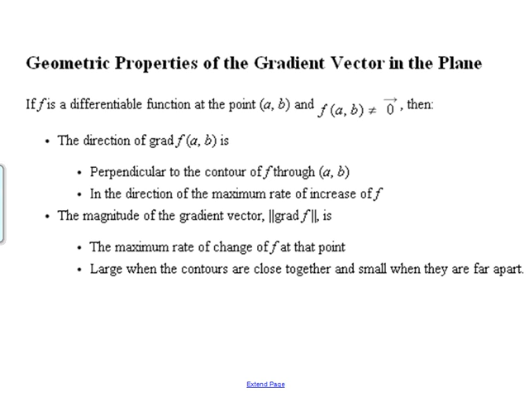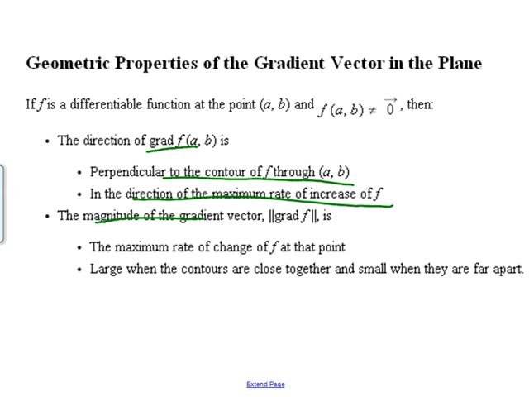So to summarize, the geometric properties of a gradient vector in a plane are the following. The direction of grad f is going to be perpendicular to the contour of f through the point, and it's in the direction of the maximum rate of increase of f. So it's in the direction of what maximizes our directional derivative.